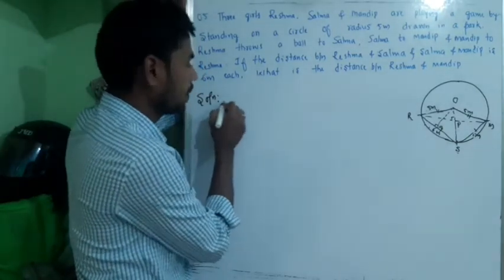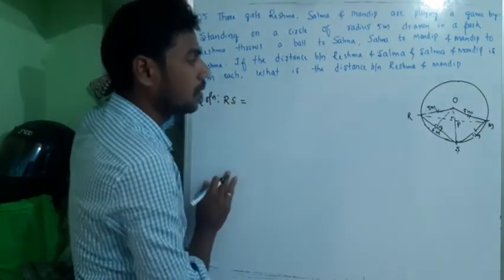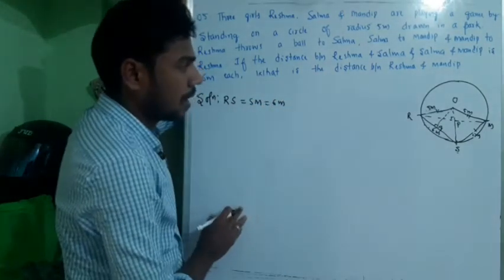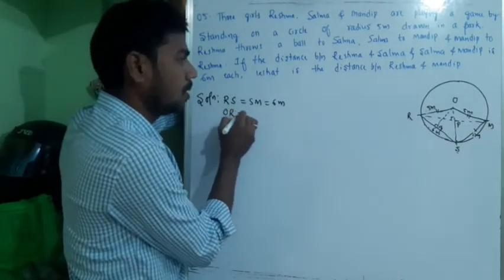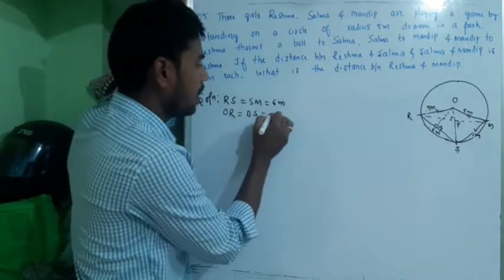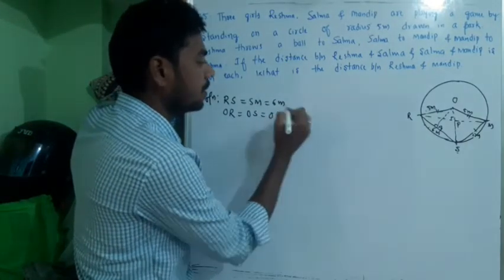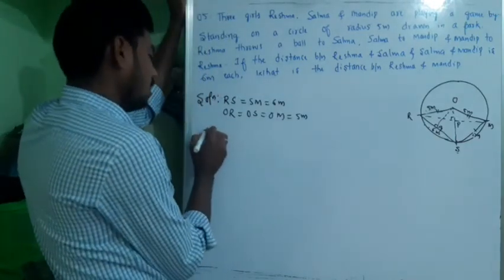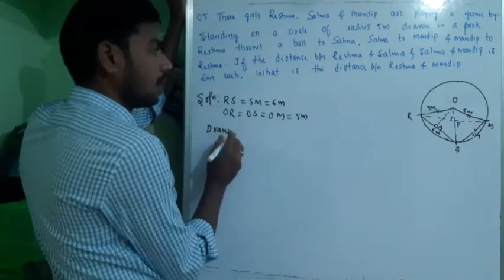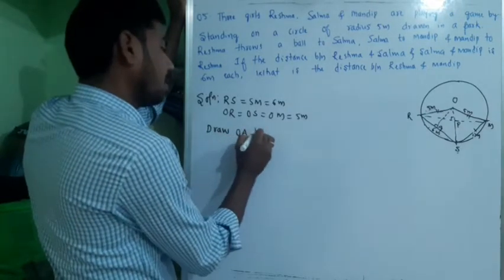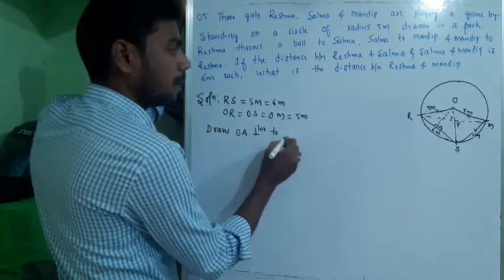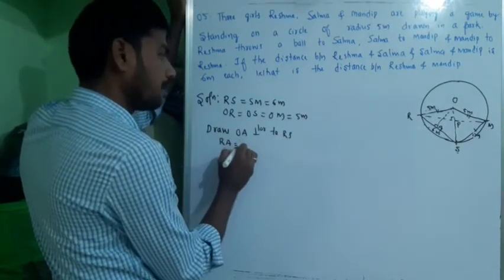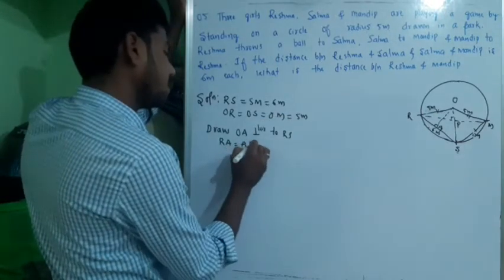What is given? RS is equal to SM is equal to 6 meter, and OR is equal to OS is equal to OM is equal to 5 meter. Fine. Now draw OA perpendicular to RS, then RA is equal to AS is equal to 3 meter.